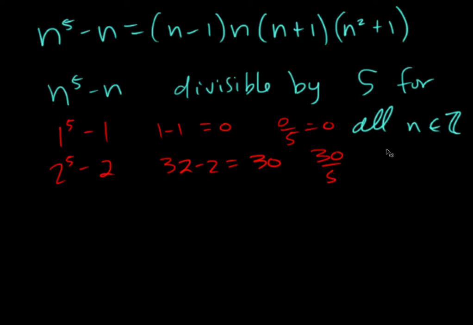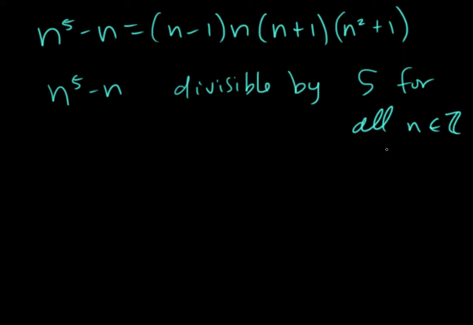So it wants us to prove that no matter what integer we plug in for n, this will always be divisible by 5. If we take any integer, any n value, and divide it by 5, we're going to have a remainder of either 0, meaning it was divisible by 5, or 1, 2, 3, or 4. Those are all the possible remainders. A number that's divisible by 5 is going to be like 5 times some number.